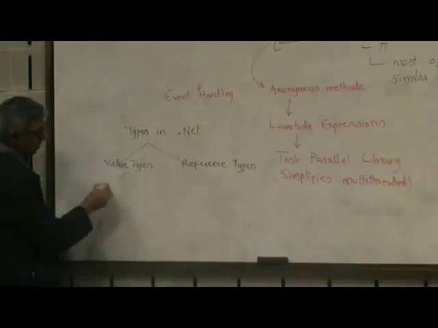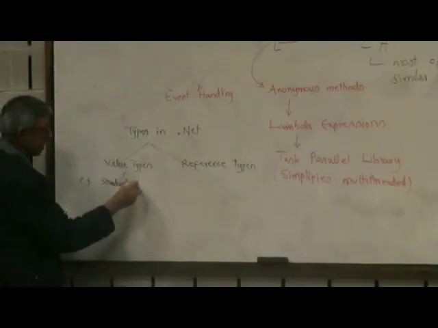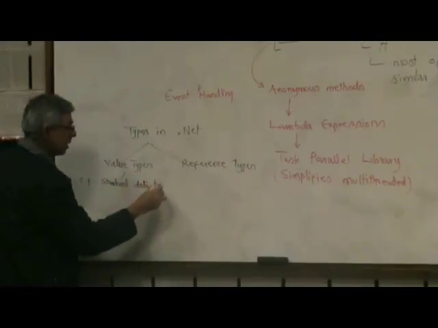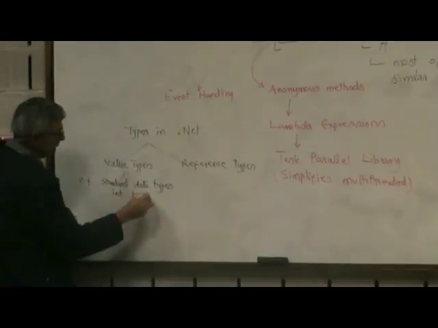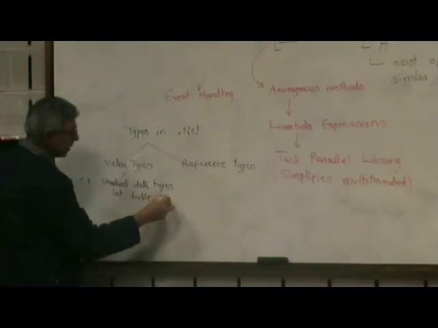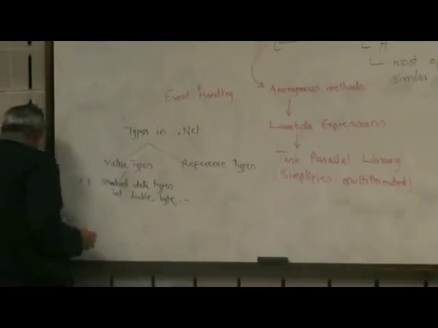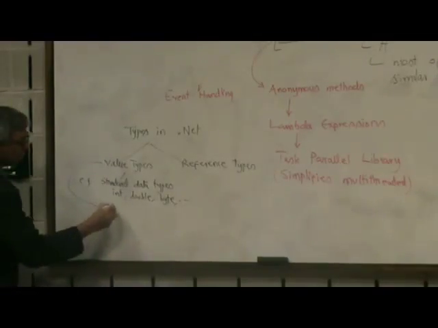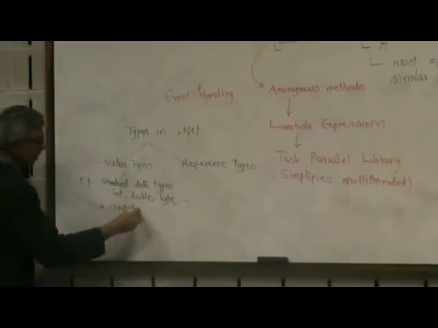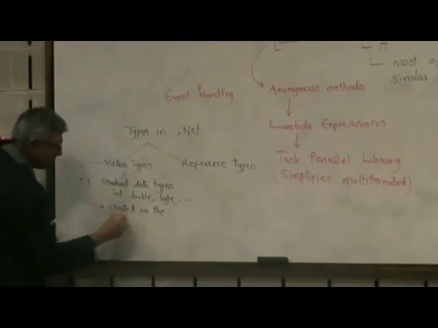What are value types? For example, standard data types: int, double, byte, and so on. Value types, as you already know, are created on the stack, correct?